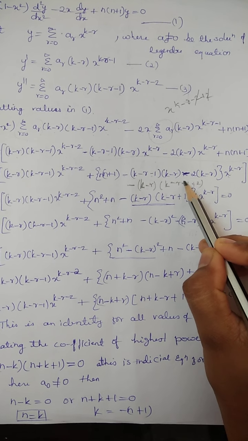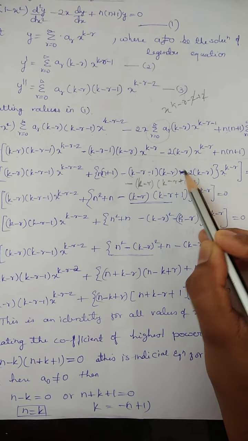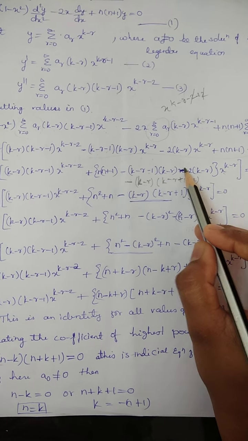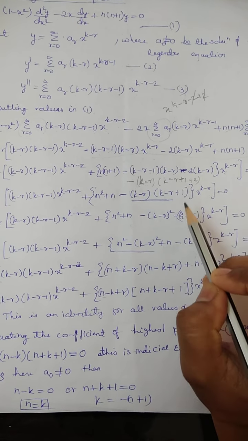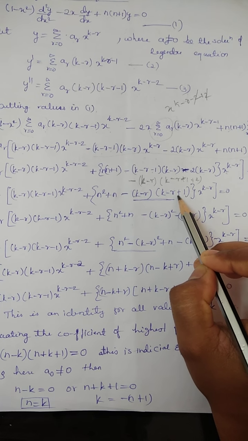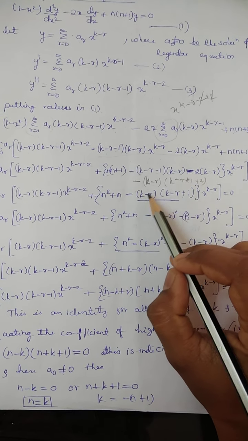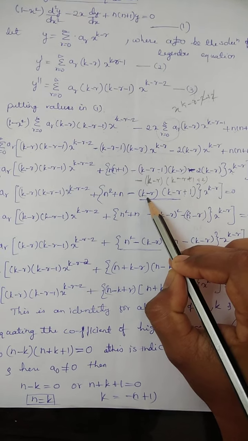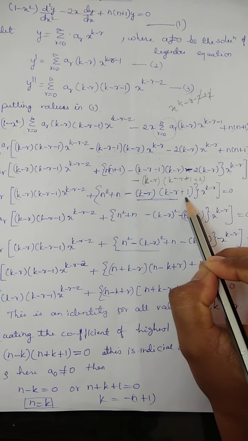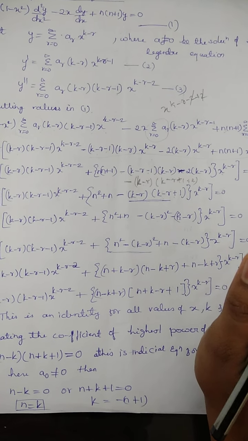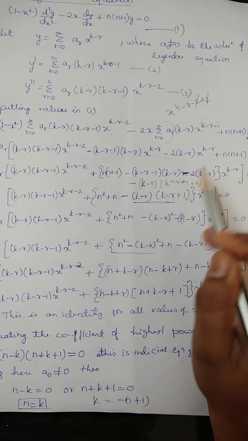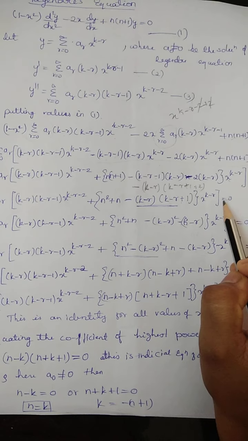So this is minus 1, and when you take minus common, it will be plus 2. So 2 minus 1 will be what? Plus 1. Okay, the remaining terms I have written here, k minus r common, k minus r plus 1 into x raised to k minus r as it is. Nothing, I am just taking the common terms, okay, that is equal to 0.